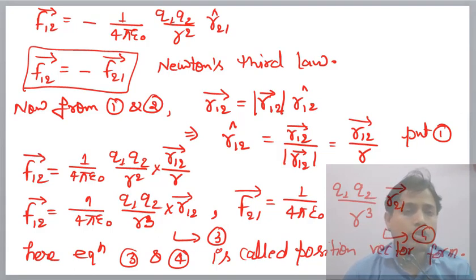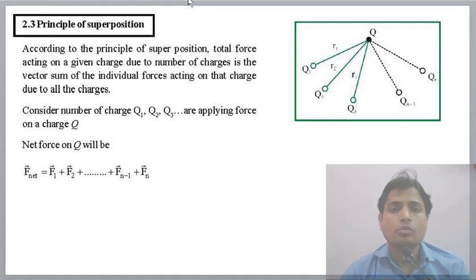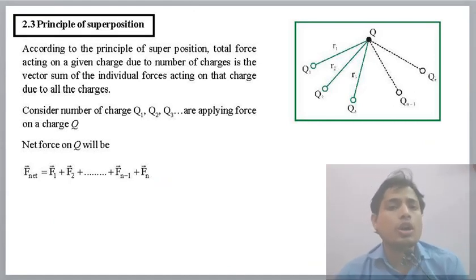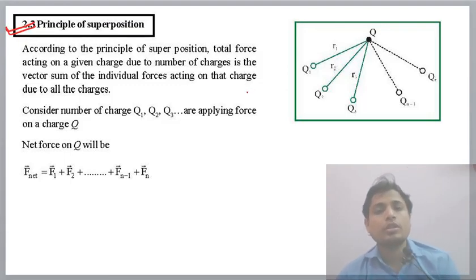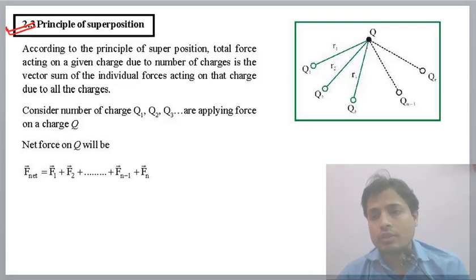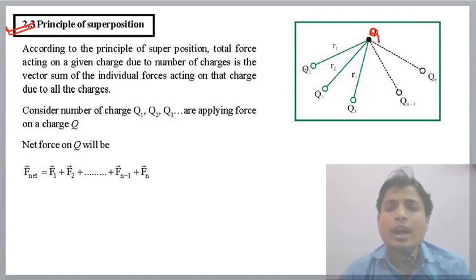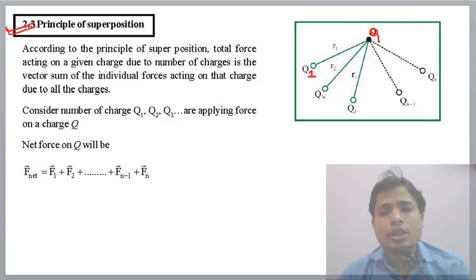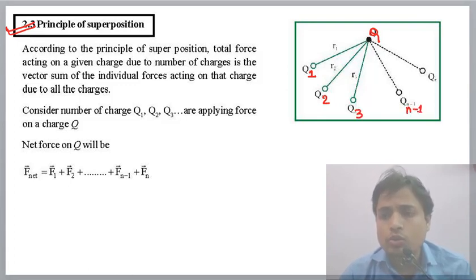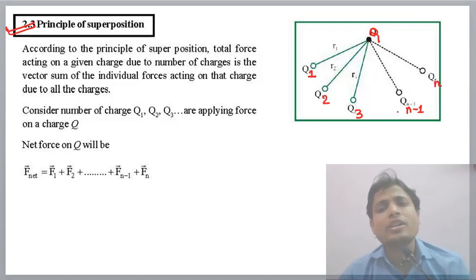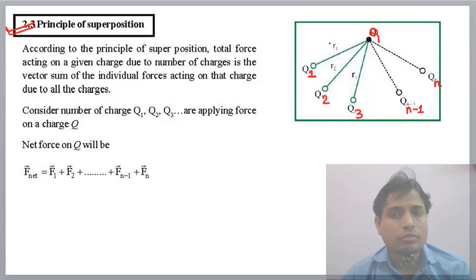now go to the next topic, which is the superposition principle. Okay, the principle of superposition. What is the principle of superposition and what is its requirement? Suppose there is a charge q, and around the charge q there are many charges q1, q2, q3, up to qn minus 1, qn, means n number of charges are present. Then we want to find the net force on q.